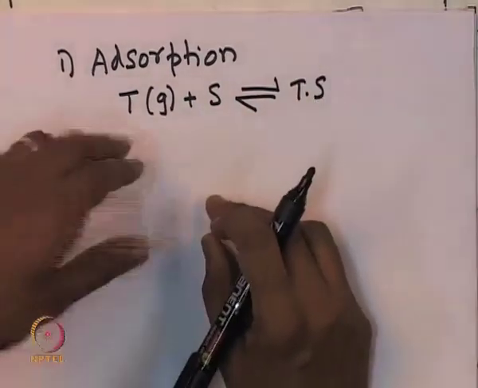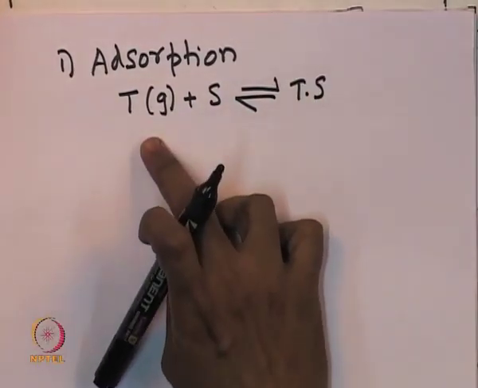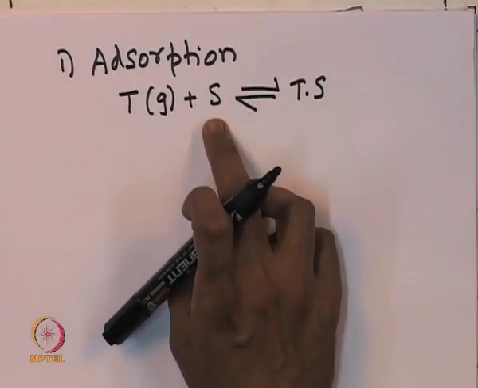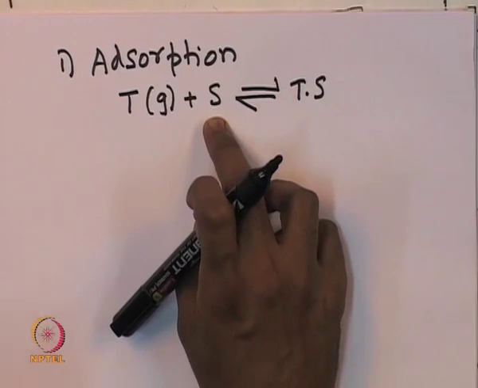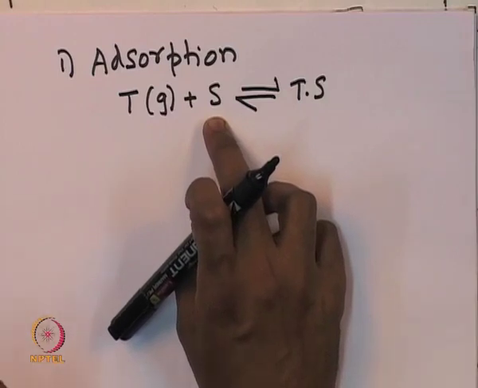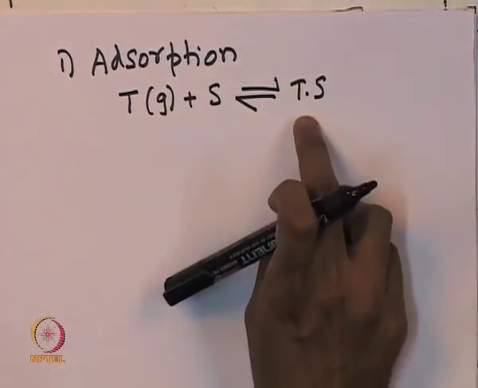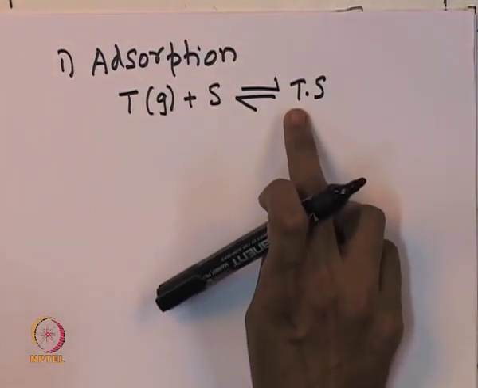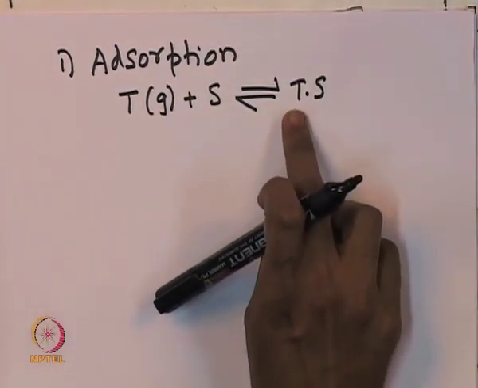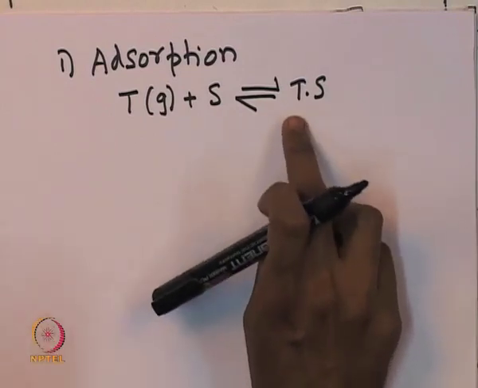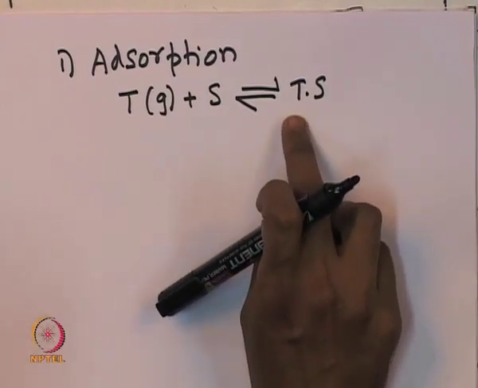So, it is the toluene in the gas phase which goes and occupies a vacant site S. S represents the catalyst site at which the toluene gets adsorbed, and that leads to the formation of this complex, toluene-S, which means that the toluene is now attached to, or resides on, the location of the catalyst site.